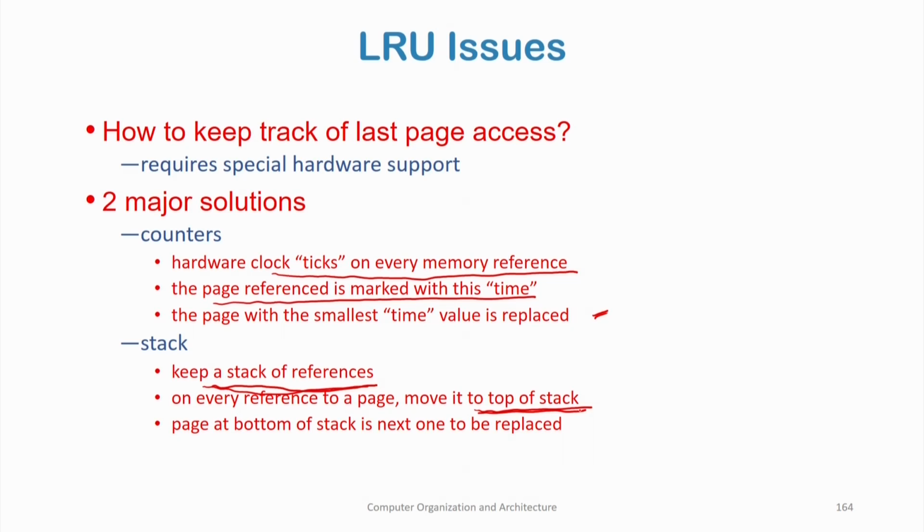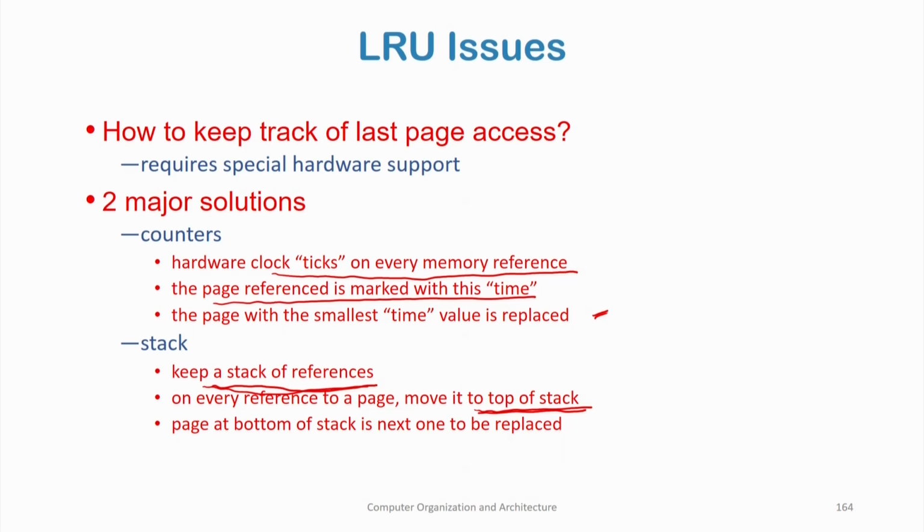When a page is referenced and it is found in physical memory, it will be in a certain position in the stack. So, I take the node in the stack corresponding to this page, take it out and put it on the top of the stack.